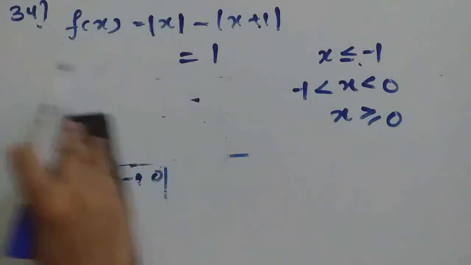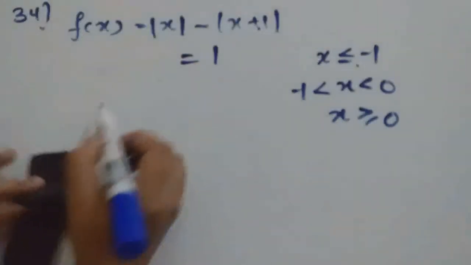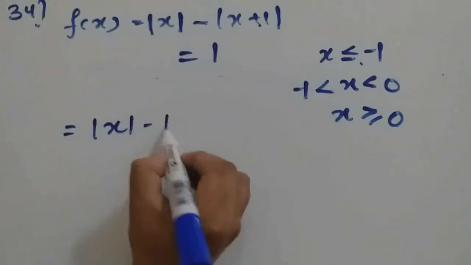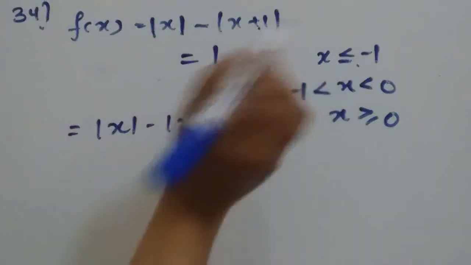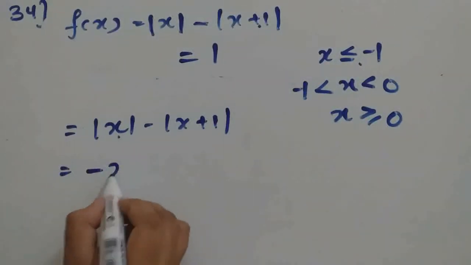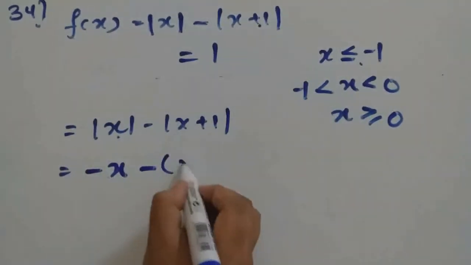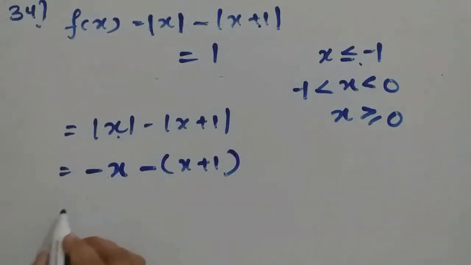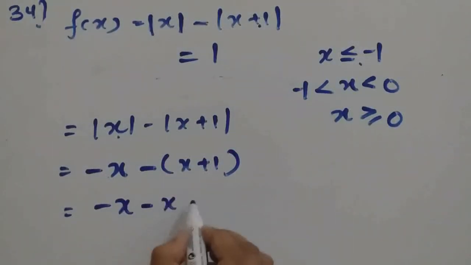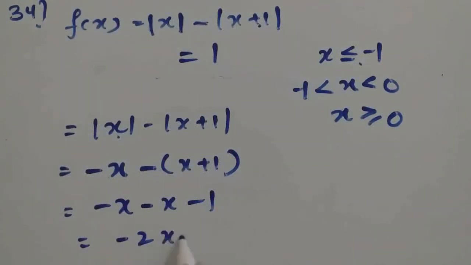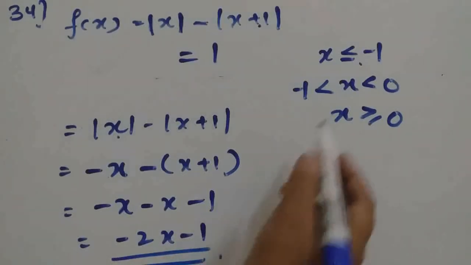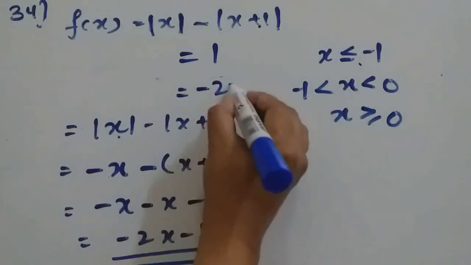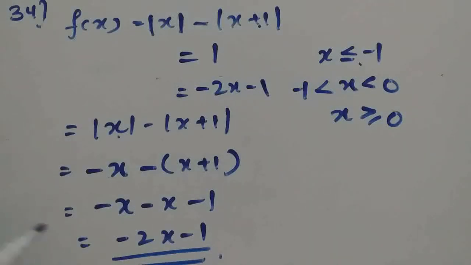Mod x is negative and mod x plus 1 is positive. So minus x will come, and the other will be the same as it is because it is positive. So minus x minus 1, that is minus 2x minus 1. This is the function when x lies between minus 1 and 0.